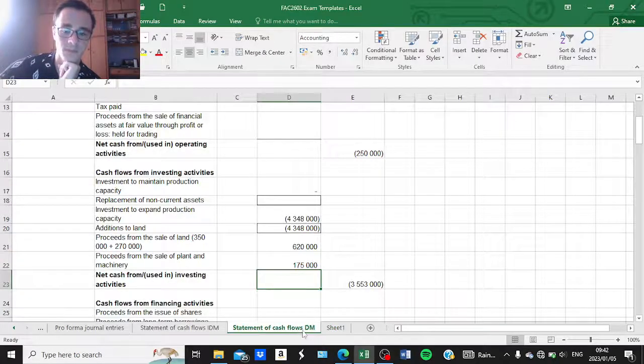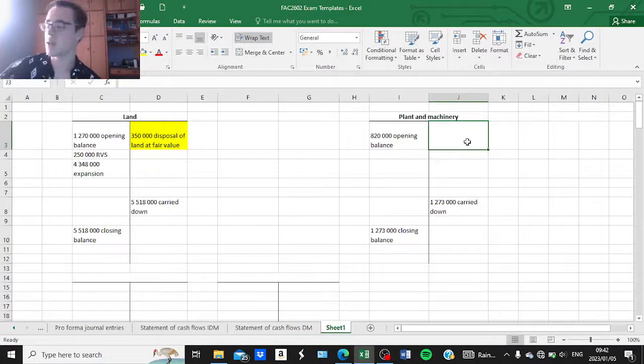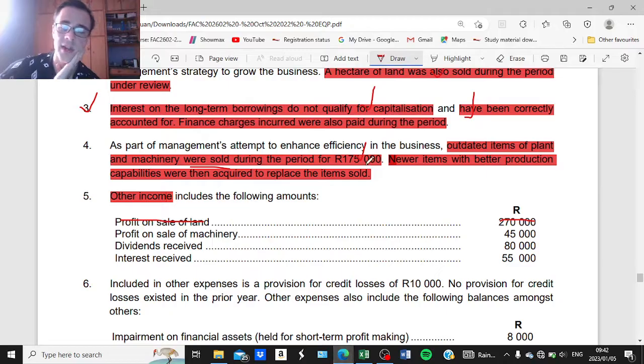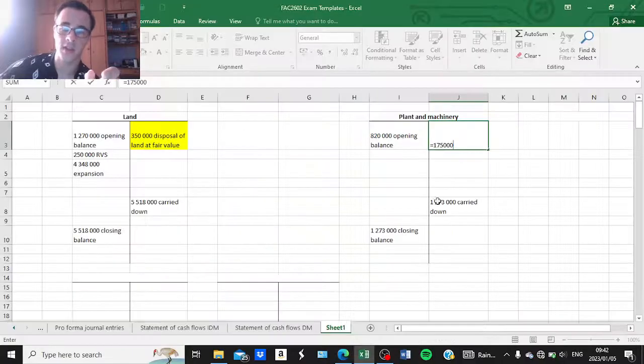This amount will be calculated by taking the proceeds on sale, which was 175,000, and then we need to subtract the profit that was made on the sale of machinery, and that amount is provided in additional information point 5, amounting to 45,000.